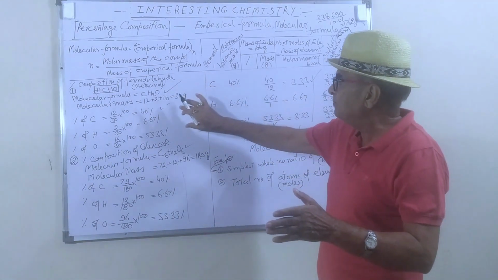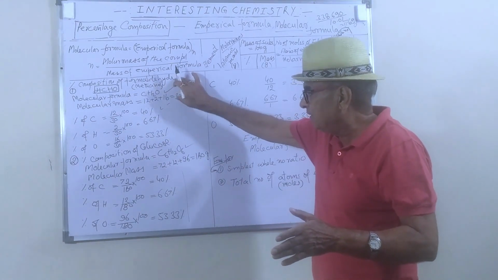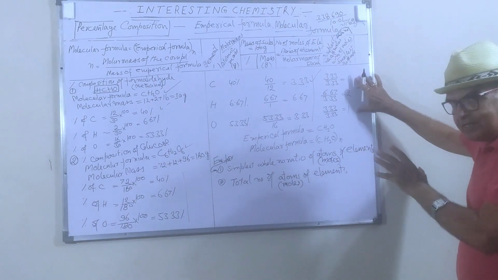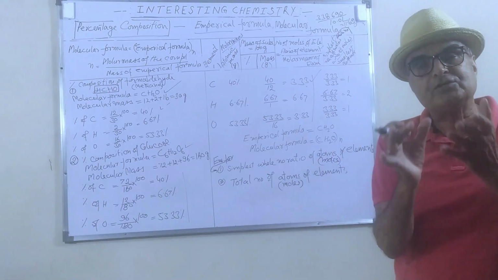If you take the example of CH2O, the formaldehyde, or for the glucose, the empirical formula of both the compounds is the same, is equal.